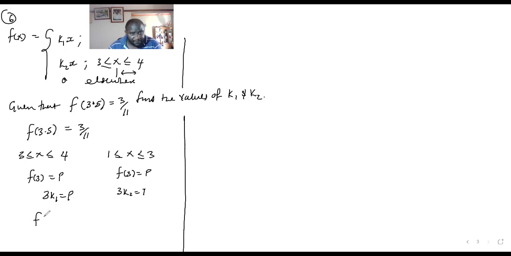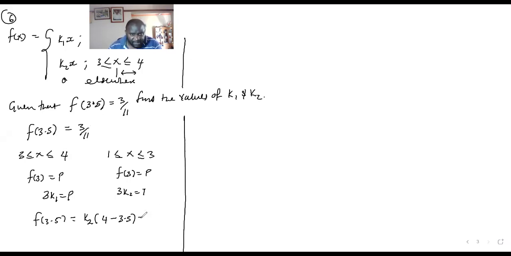If I have f of 3.5, according to what the function says, it's the same as saying K2, you get the probability from 4 to 3.5. Because remember, to get the probability, we integrate from a given value to another one. So that means it is from 4 to 3.5.